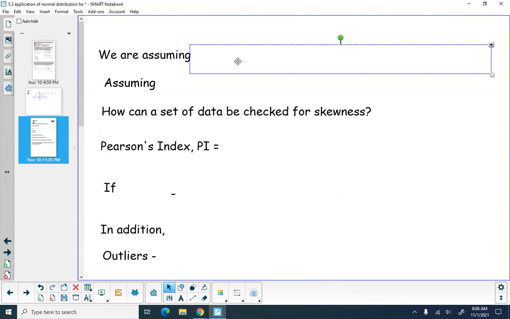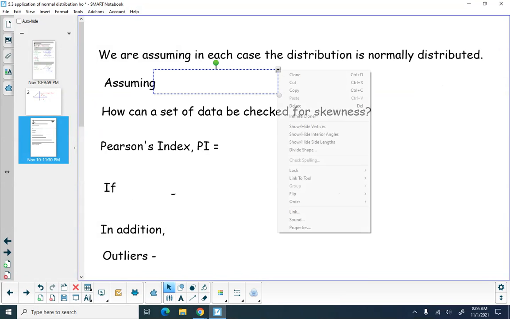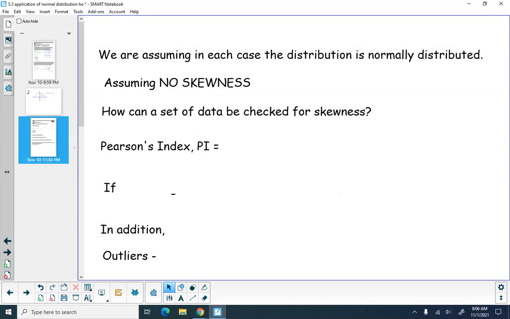What we are assuming is that our data is normally distributed. You have no skewness. Now, is it perfectly normally distributed? Probably not.